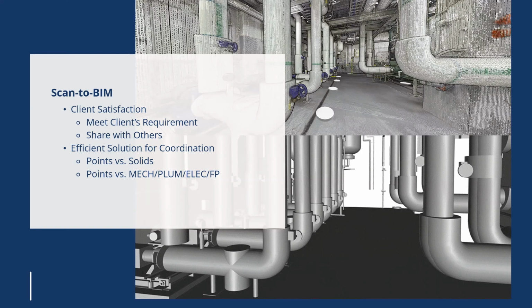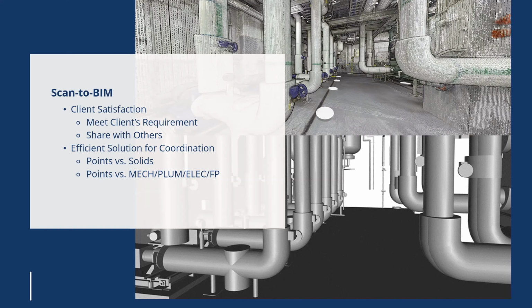Second, we needed a solution that's efficient for the greater team to coordinate with existing conditions. In this case, we have a tremendous amount of existing MEPF services. If you have ever coordinated with point cloud, you would know it is not as efficient as coordinating with a BIM model.